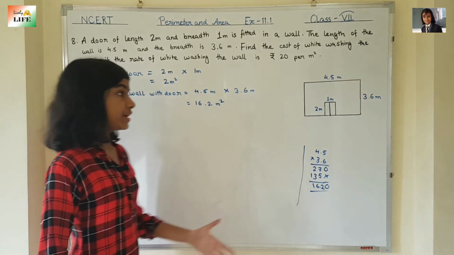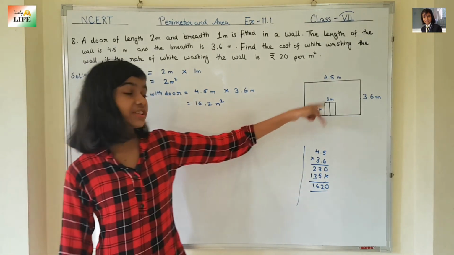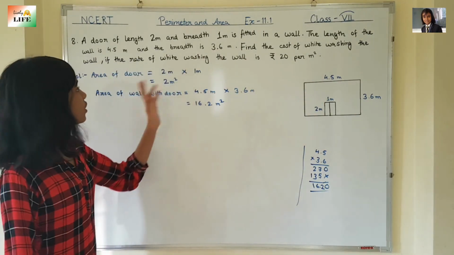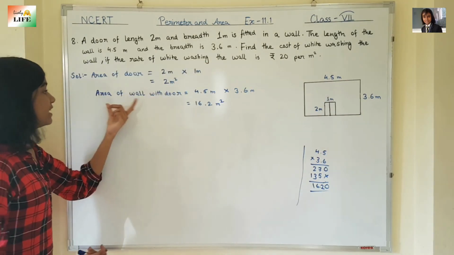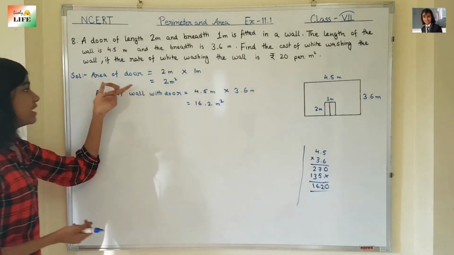Now we need to find out the area of wall, only the wall without the door. Because we are not going to whitewash the door, right? We are only going to whitewash the wall. The area of wall with door minus area of door.